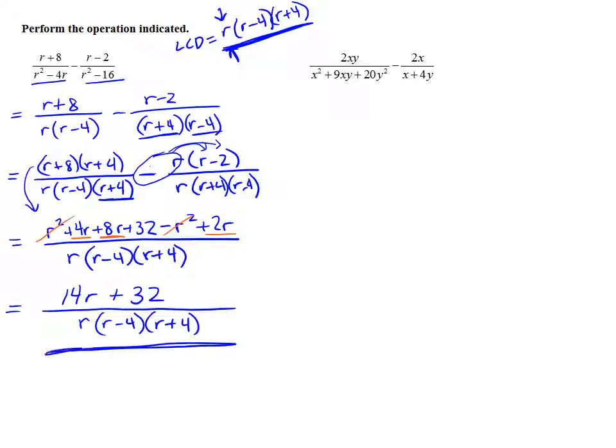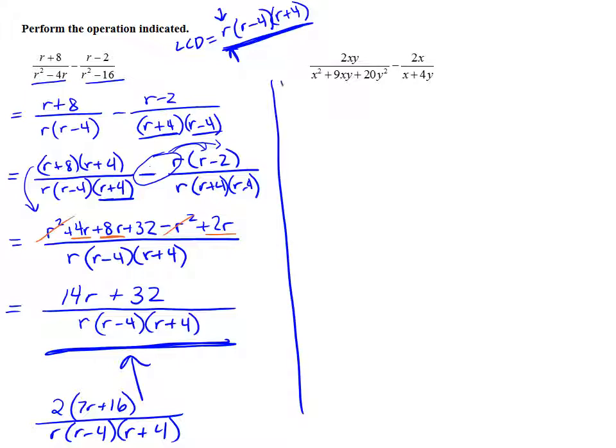So most people would probably just leave the answer in this format right here. There's no harm if you wanted to take the 2 out and write it as 2 times 7r plus 16 over r times r minus 4 times r plus 4. There's no harm in that, but you don't have to. Okay? Since we didn't cancel anything, we don't have to show domain restrictions.